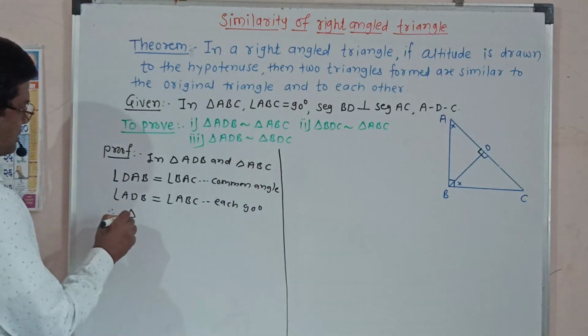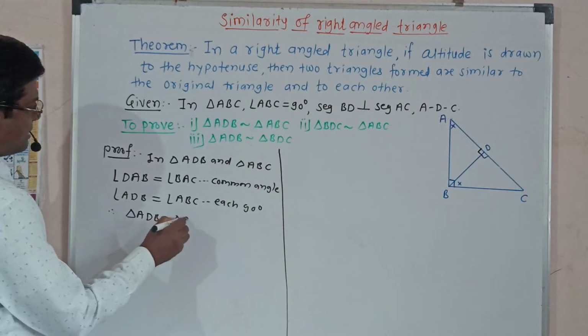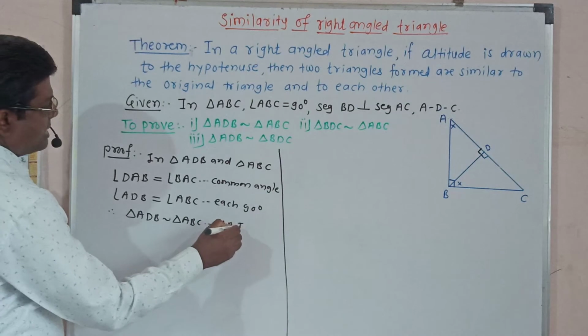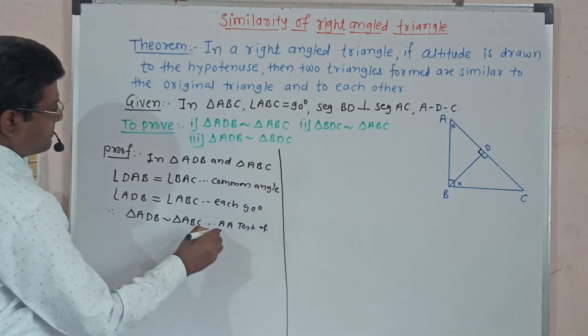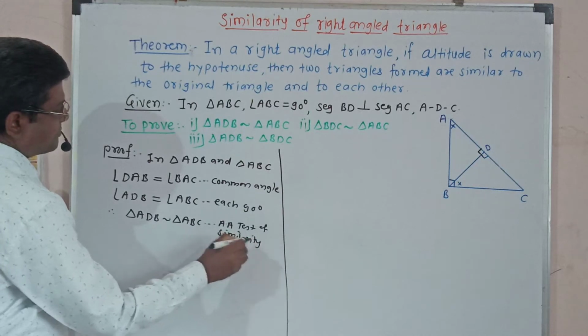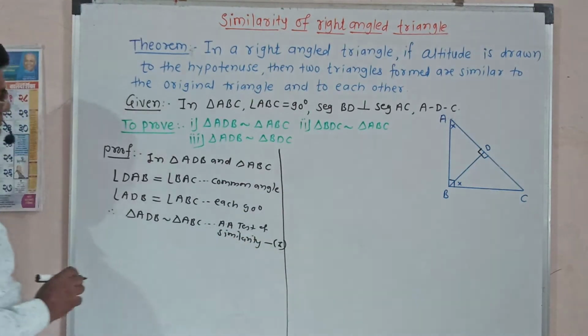Therefore triangle ADB similar triangle ABC, this is a test of similarity. Let this be equation number 1.